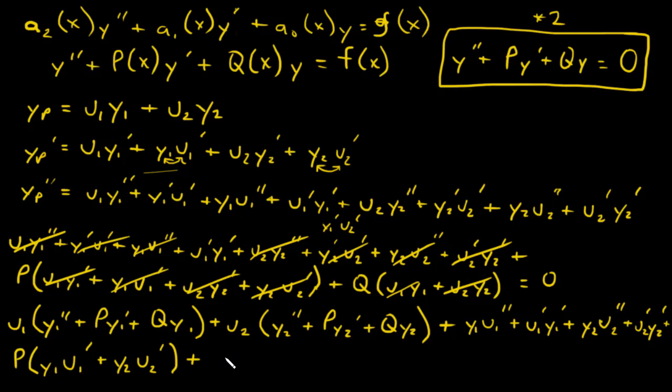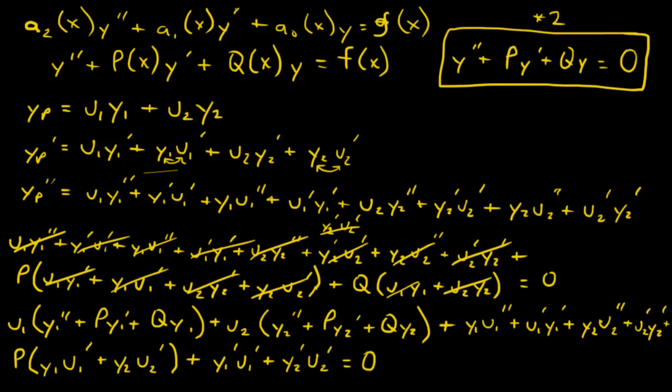So y1 prime u1 prime plus y2 prime u2 prime. Now I have officially used all my terms, and I've grouped them in a very strange way. All that equals 0, right?